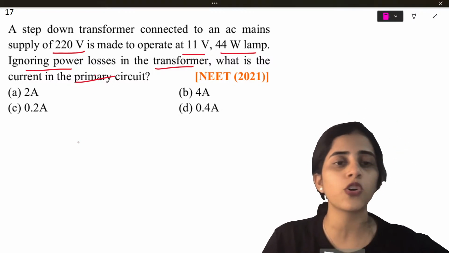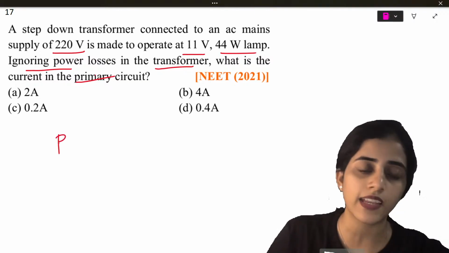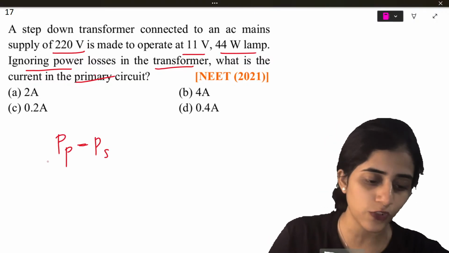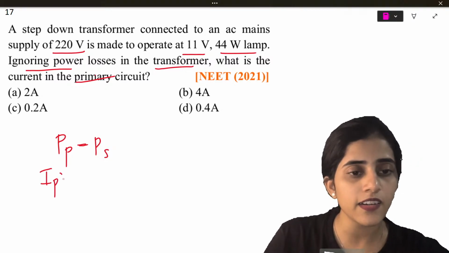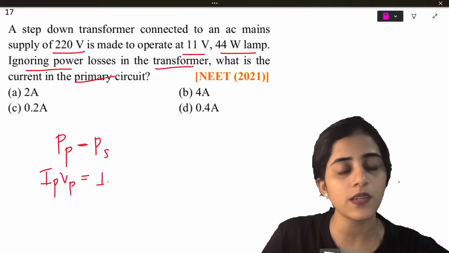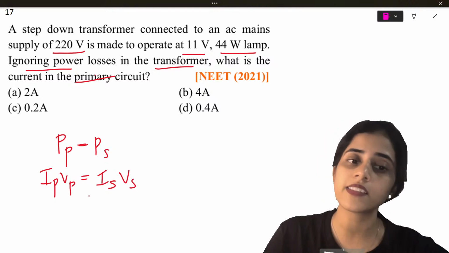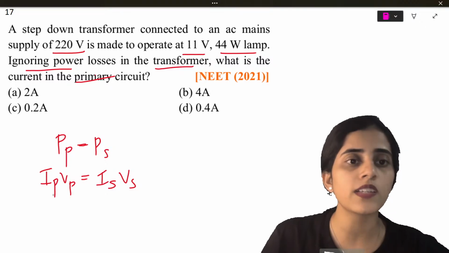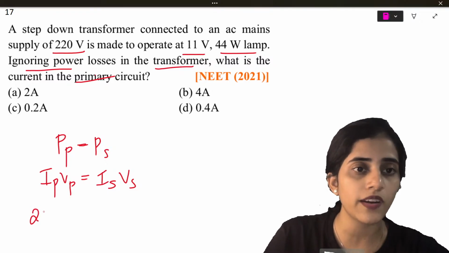One thing you need to know, the power in the primary and the power in the secondary are always equal in a transformer. So that means current in primary times voltage in primary is equal to current in secondary times voltage in secondary. So now what is the current in primary?